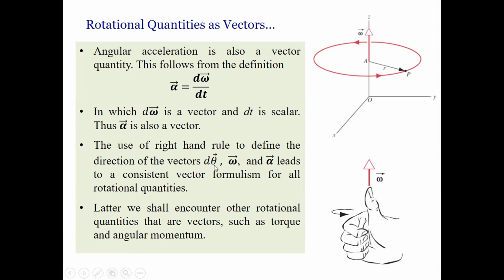The angular displacement d theta, the angular velocity omega, and the angular acceleration will have a consistent vector formulation. And all will be treated as vector quantities. Only the time is scalar.